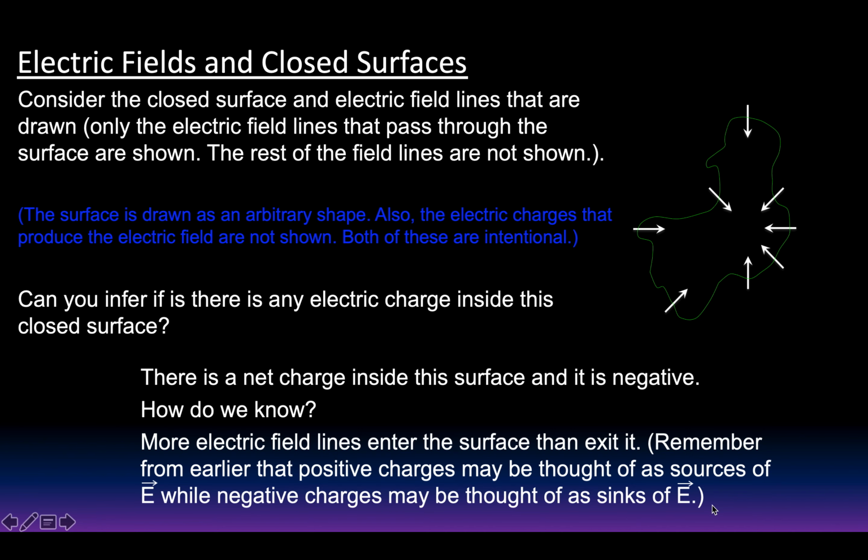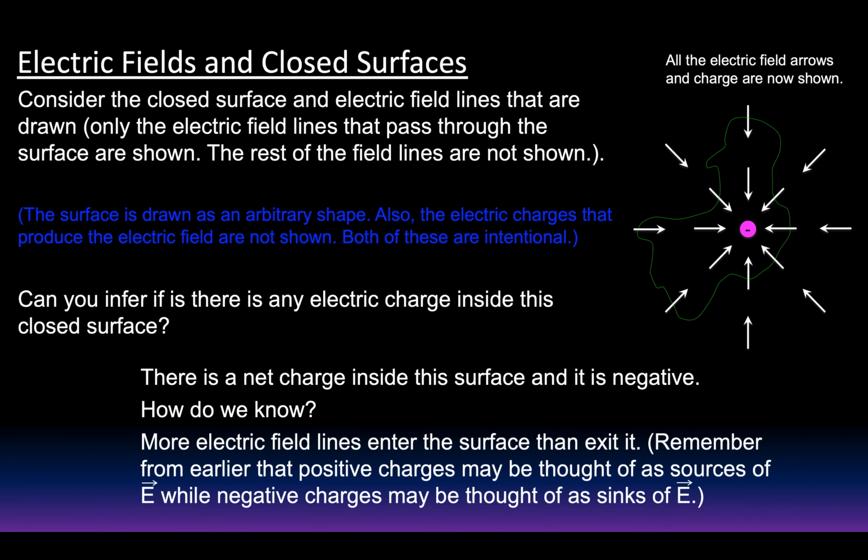For example, if I said 1 coulomb of charge creates 4 electric field lines, then I could count and I could say there are 8 electric field lines, so overall there will be -2 coulombs of charge within this closed surface. If I were to draw the charge and all the electric field lines in this picture, I would have something that looks like this.